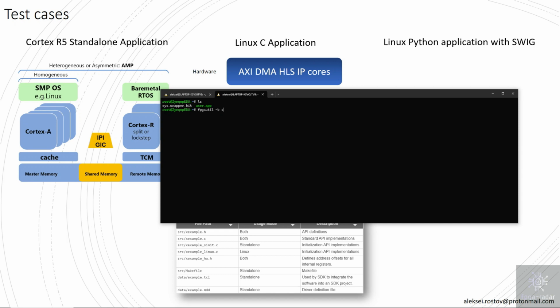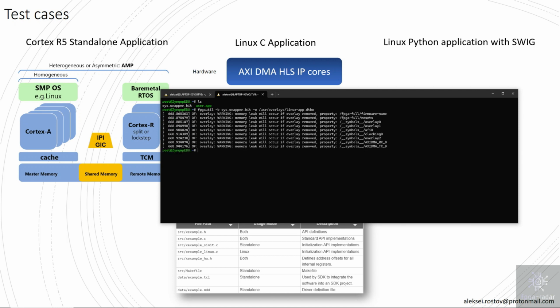I will use the same bitstream, and for the device tree overlay, I already prepared it using Buildroot, and I just put it into the user overlays linux.dtbo file. Okay, so here is the file. Let's run it.